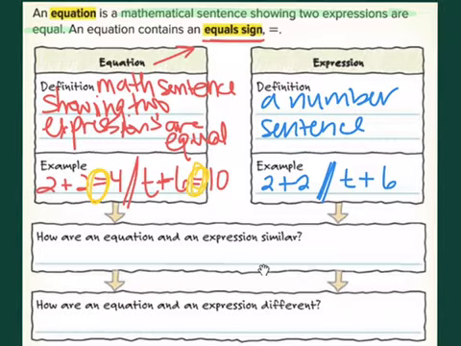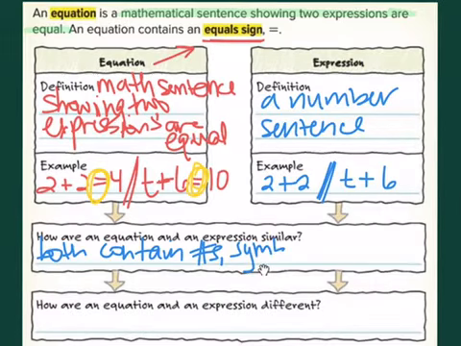How are an equation and an expression similar? If we think about this, they both contain numbers, symbols, and variables.